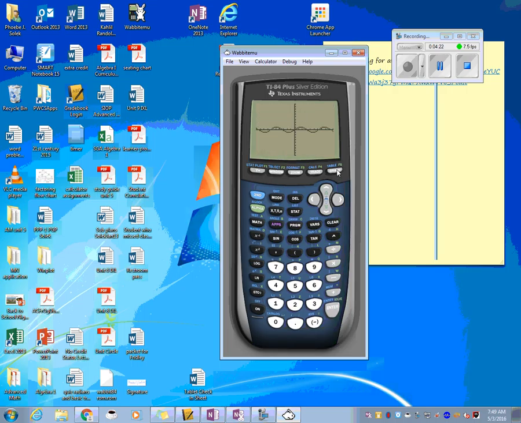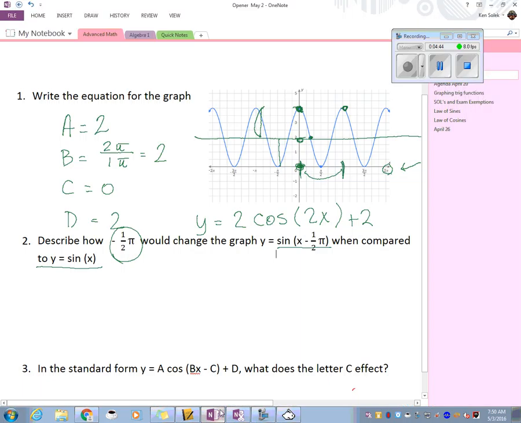Okay, now I'm going to look at the second graph. And that was y equals sine of x minus, what was it, 1/2 pi? Do you guys remember what it was? 1/2 pi, minus 1/2 pi.